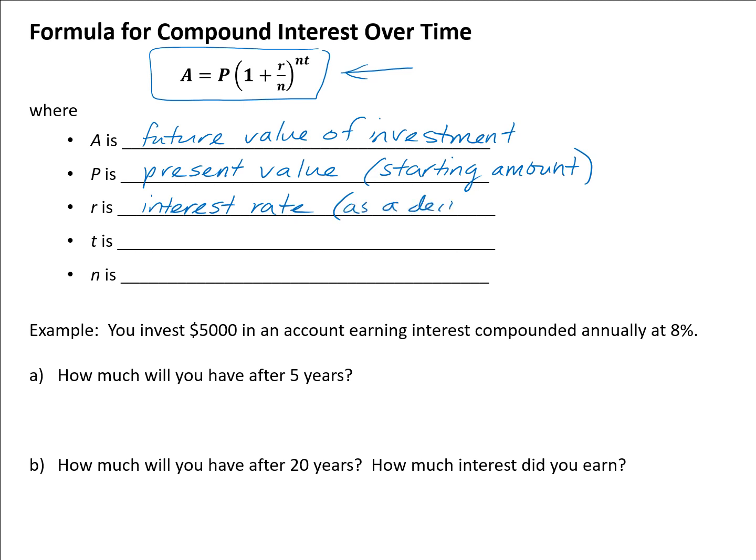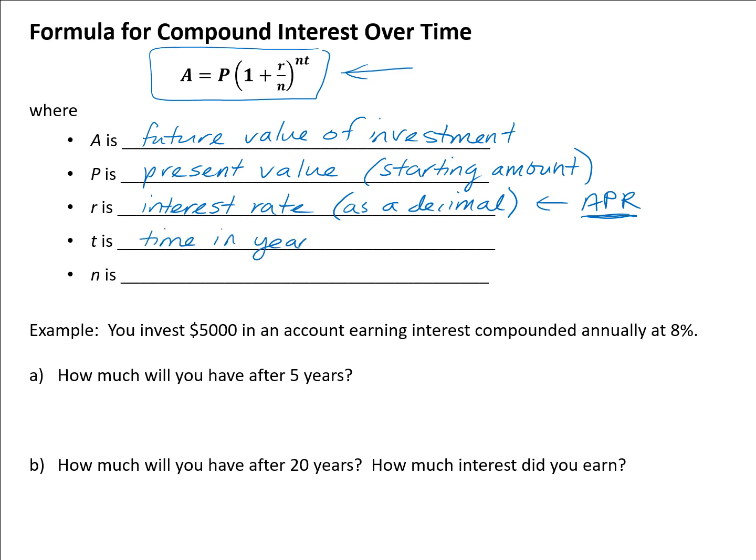In fact, sometimes what people will do to abbreviate R is they'll say APR, standing for annual percentage rate. So if you ever hear somebody say APR, that's standing for the interest rate involved in that scenario. T is the time in years. Again, it must be in years.